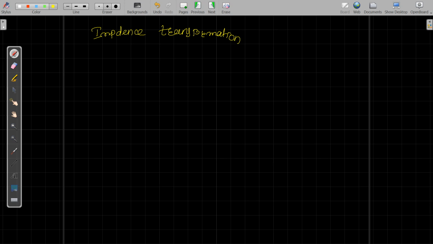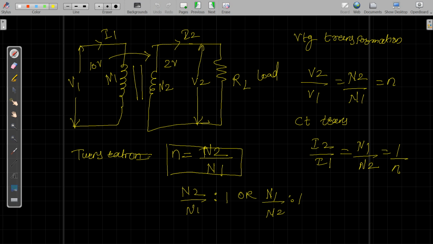We know that as currents and voltages get transferred from primary to secondary, impedance, seen from either the primary side or the secondary side, will also change. In this figure, this is your secondary part and this is your primary part. The impedance of the load on the secondary is RL.